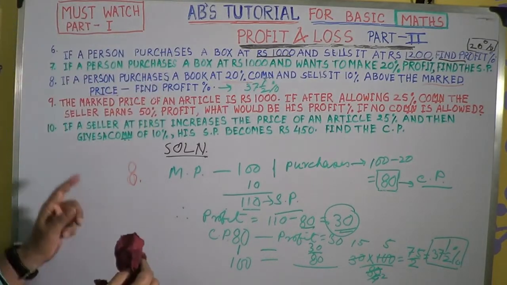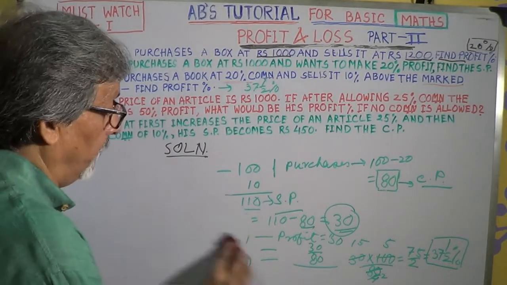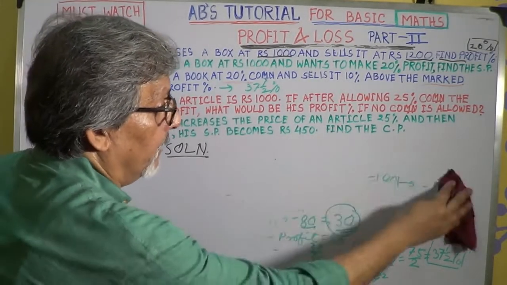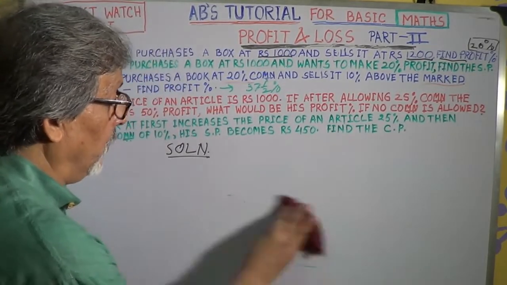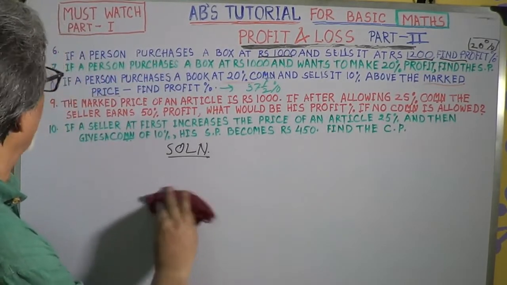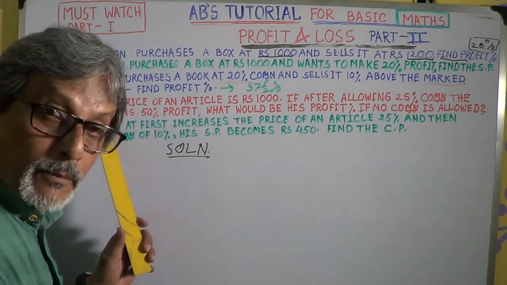Now let us come to number 9 problem. You just read the problem. In the meantime, I am cleaning the board. In number 9 problem, this is again a problem on marked price.